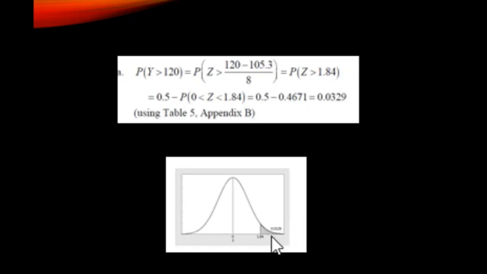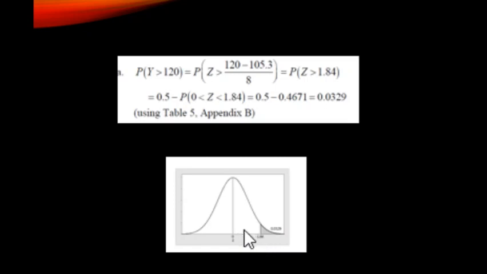Now remember, the table of the standard normal distribution that we have gives this area. If you look up 1.84 on the table, it will give us the area between 0 and 1.84. Another thing to remember is, due to symmetry, the area to the right of 0 is 0.5.